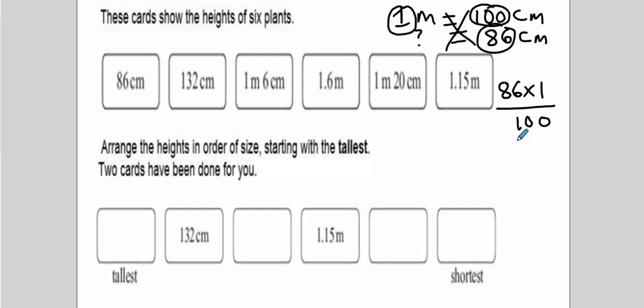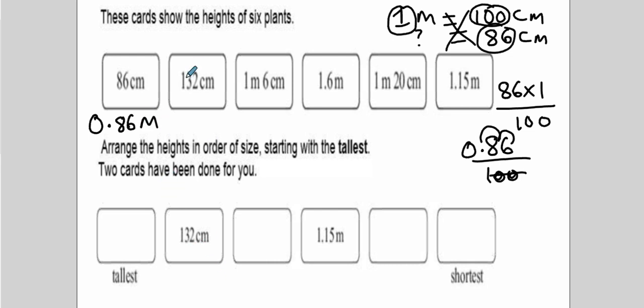What is 86 times 1? The answer is 86. Divided by 100, we have 2 zeros, so you count 2 numbers from here, 1, 2, and you keep 0 point. So the answer here will be 0.86 meter.